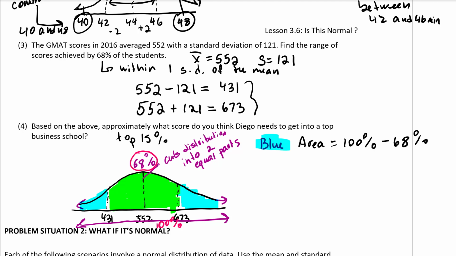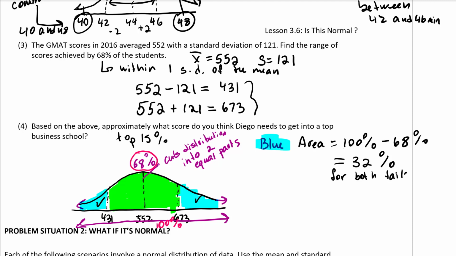That gives us how much? 32%. That means this region and that region together give us 32%. You understand the whole thing is 100. In the middle is 68, so it leaves us 32 for both tails.